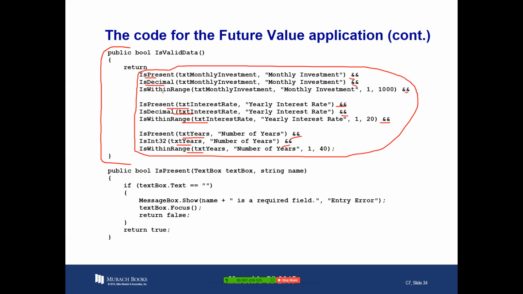and so the whole thing is going to end up being either true or false. If just one of these is false, then the whole thing is going to be false. And this is a Boolean method, and so we're going to return a Boolean value. We're going to return either true or false, and this whole big thing in the circle here is going to evaluate to either true or false.